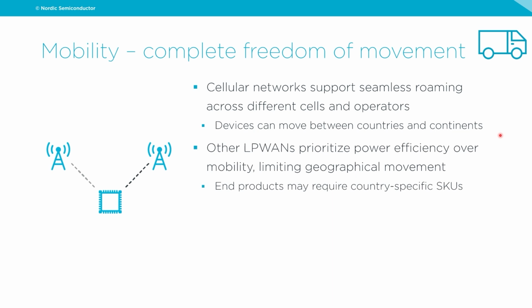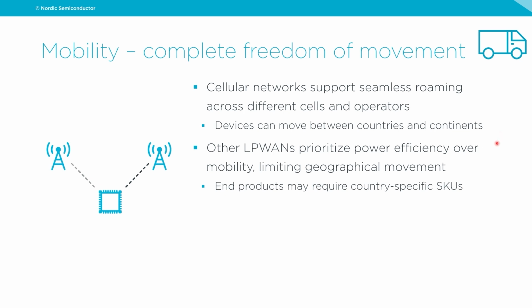And it's a big difference when you compare to other LPWANs that prioritized power efficiency when they were starting to be created. That has put some limitations on mobility. That requirement has come a little bit later. So you have some movement limitations with other LPWANs.